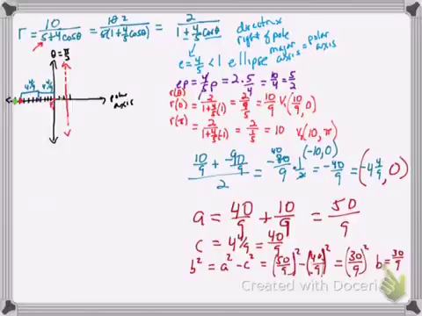So from the center, I'm going to go up 3 1/3, 1, 2, 3, 4, and down 3 1/3, and put these in there. There's a point, here's a point, and then let's just graph that around.